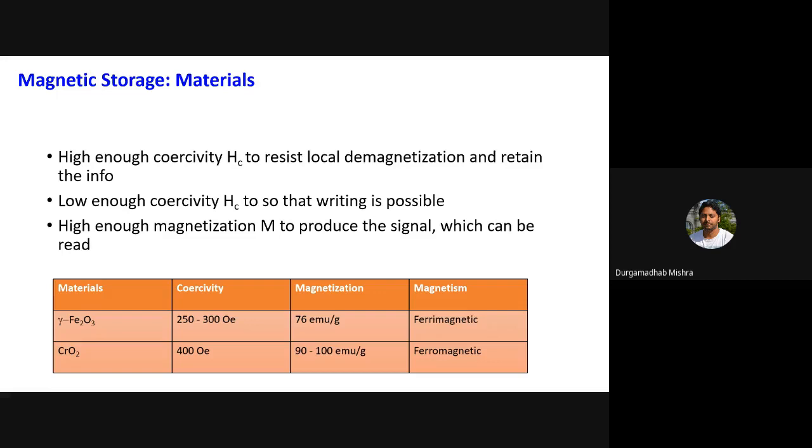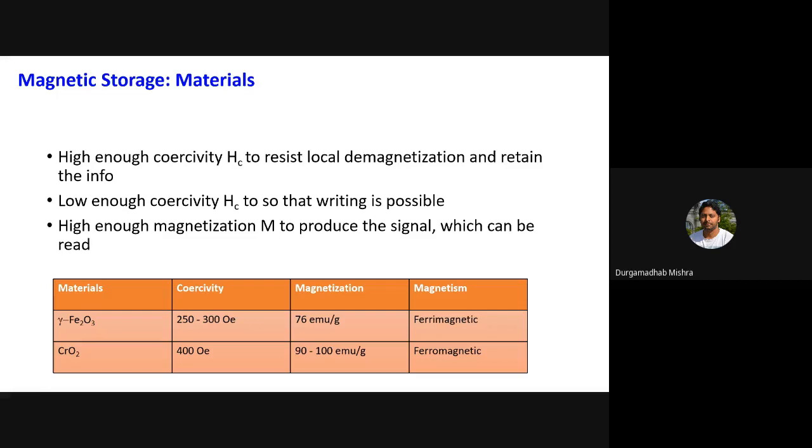And one thing you notice here is they are not using really any metallic ferromagnetic system. These are all oxides. And that is also good because there will be no issue of oxidation with this material. They are already oxidized.